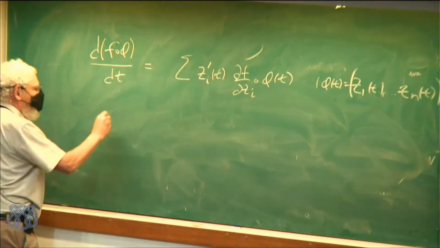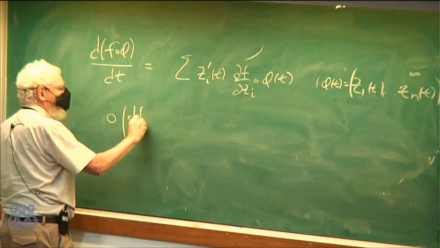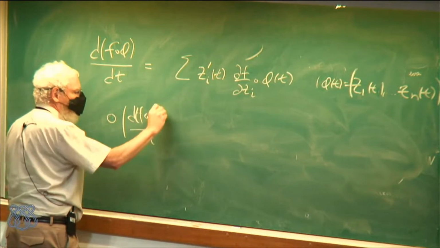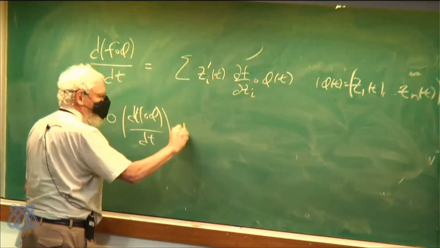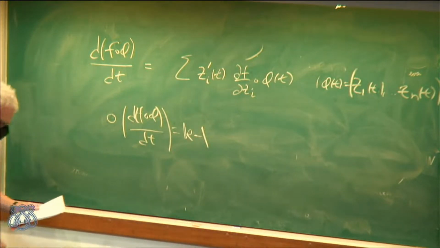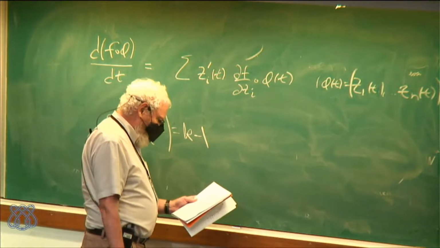Now the order of d(f composed with phi)/dt is k minus 1. How about the order of the other side of the equation?